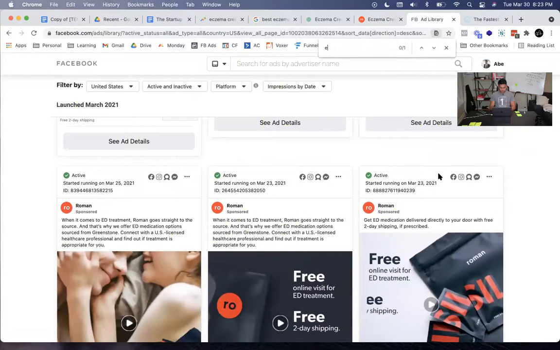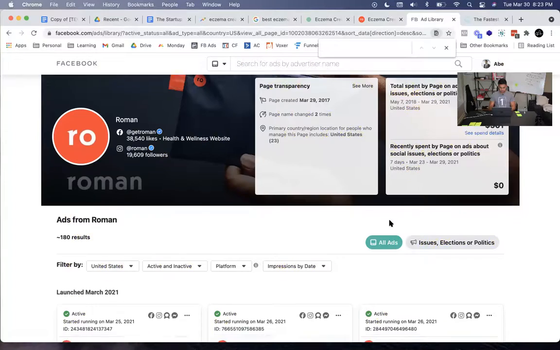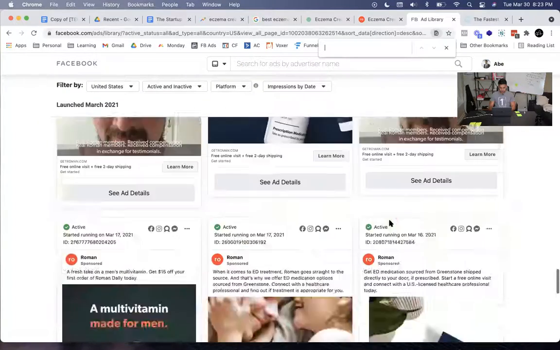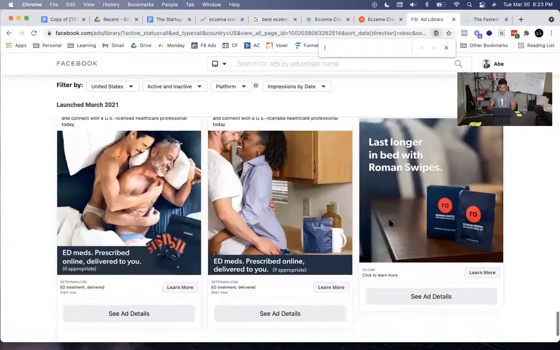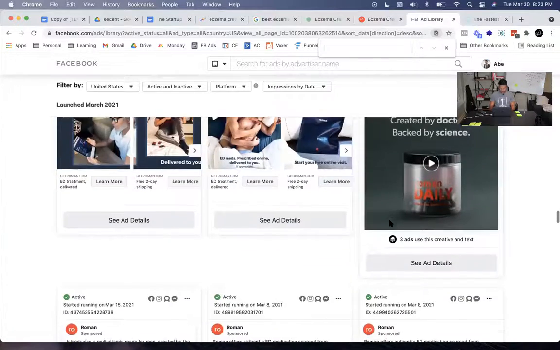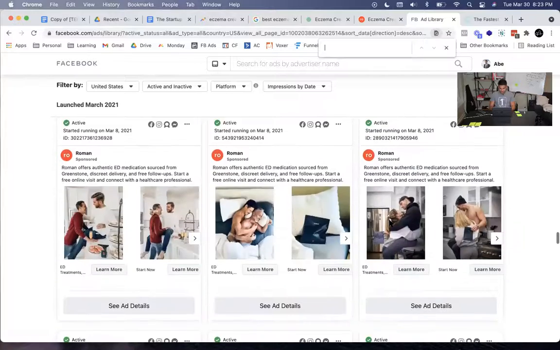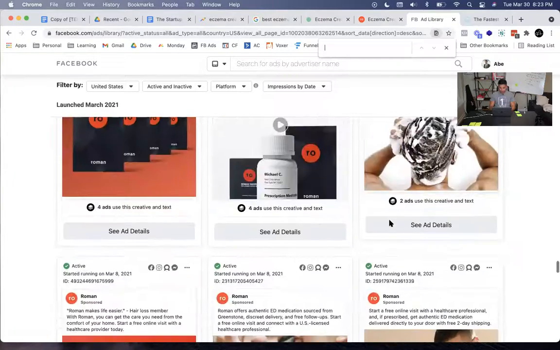Let's try this. Skin. Oh, maybe they're not advertising on here. Oh my God. This is kind of intimate, to say the least. Jeez.